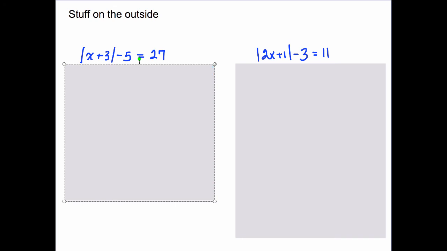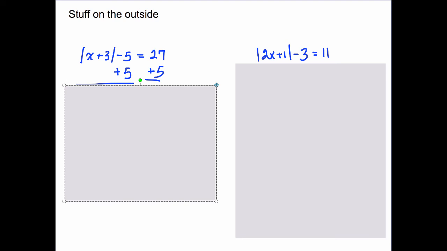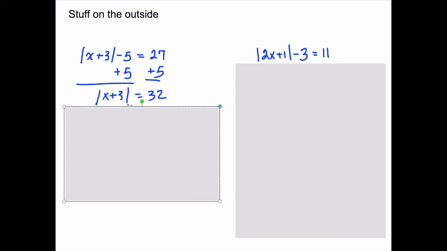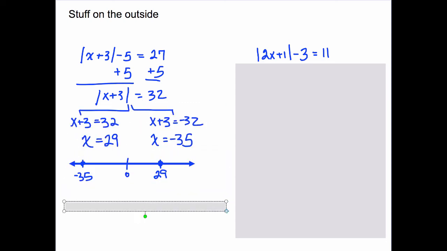In this first problem, the key step is to isolate the absolute value, add 5 to each side, and get the new problem, the absolute value of x plus 3 equals 32, and then go ahead and solve the rest. Solutions are 29 and negative 35, and this is what they look like graphed, and I'll leave it to you to check the solutions.